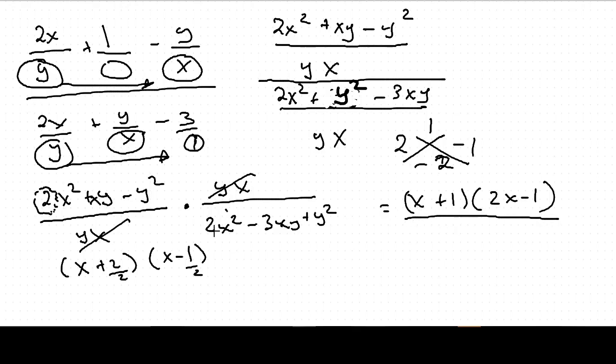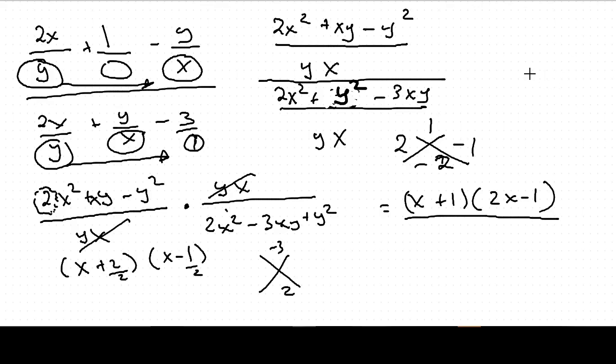And then I'm going to try to do the exact same thing with this one. When I take 2 times 1, I get 2 again. And then it's got to equal negative 3 in the middle. So what can I multiply that's a factor of 2 that adds up to give me negative 3?